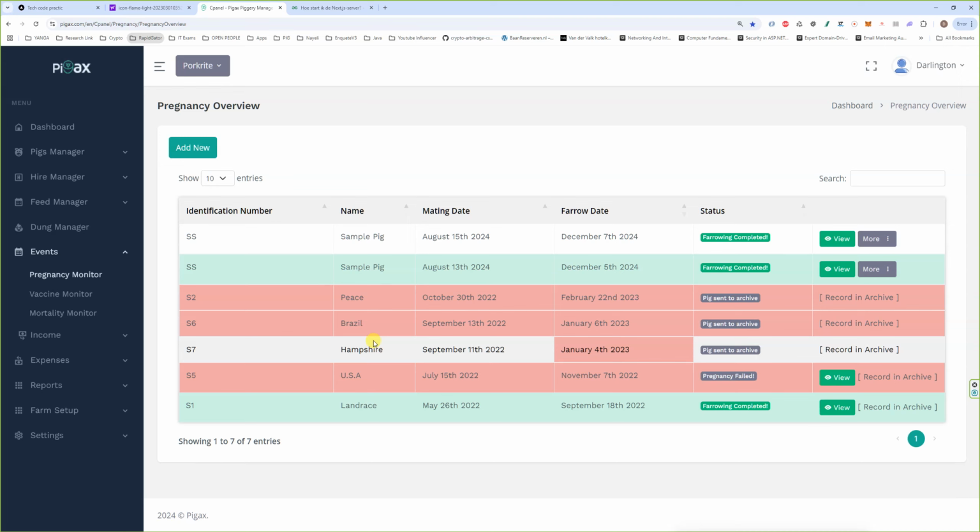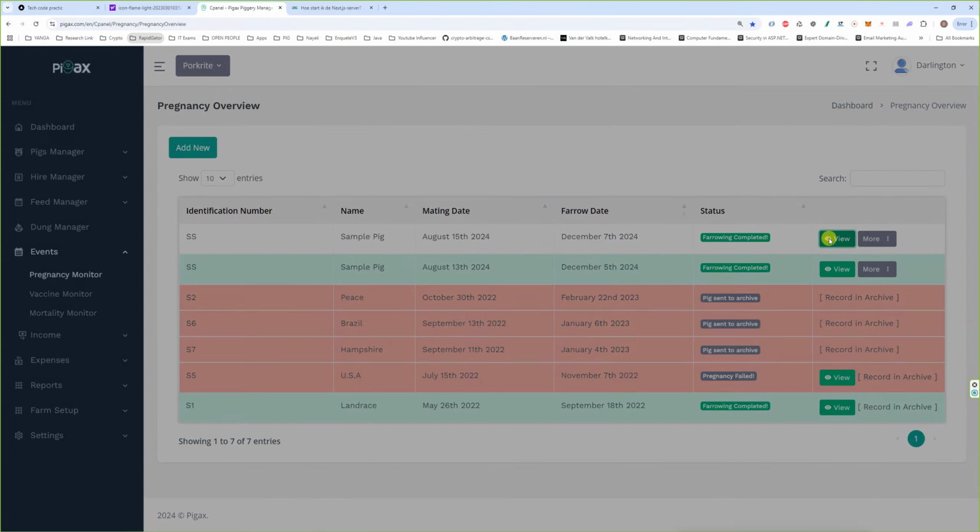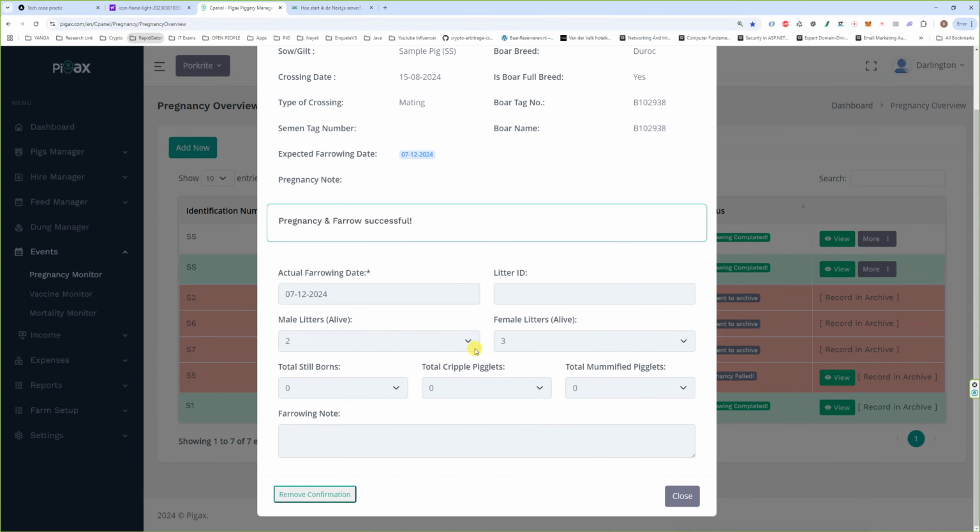Now, two things happened here. Obi is mentioning that we have a new feature. If we go back to this page, when this litter gets added, the user is saying, listen, I want this litter number attached to the ID of my piglets, of the litter that gets given birth to.